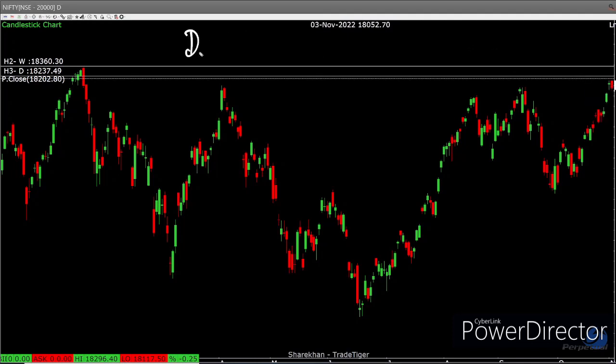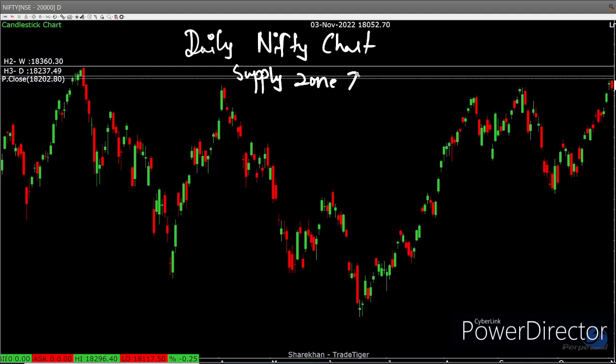This is the daily Nifty chart. This is the supply zone that I marked over here.